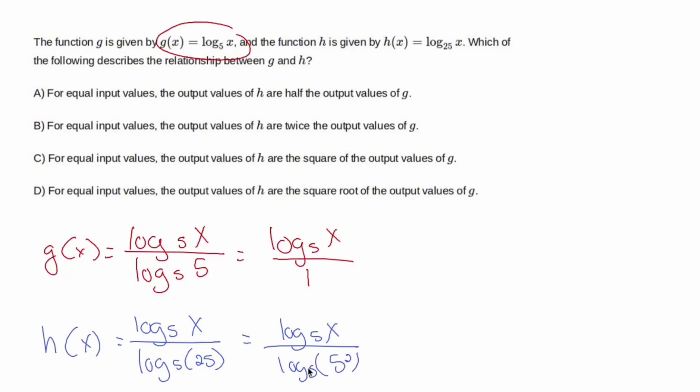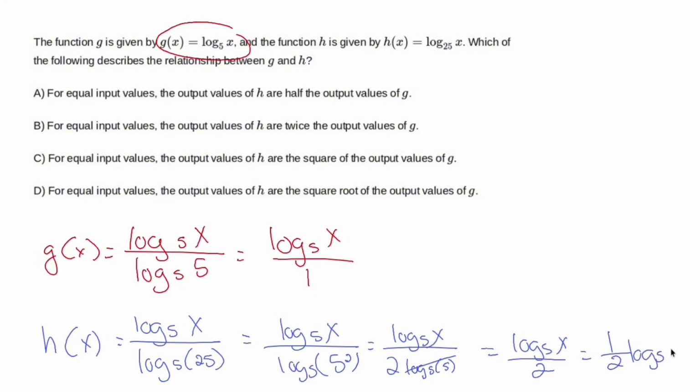Which means if I bring the 2 down, like this, that becomes log base 5 of x, bring the 2 out, 2 times log base 5 of 5 becomes 1. So you cross out. So we get log base 5 of x over 2, which is half of log base 5 of x. So while g of x was log base 5 of x, h of x is half of that. Huh?